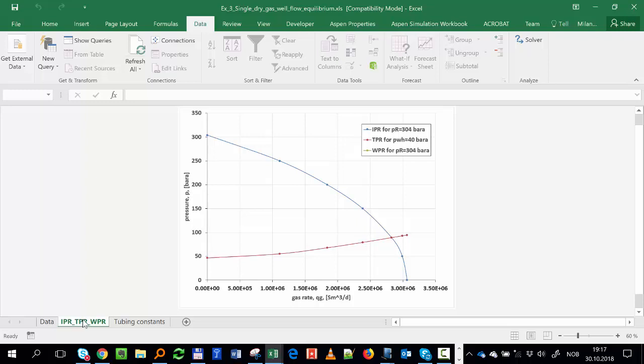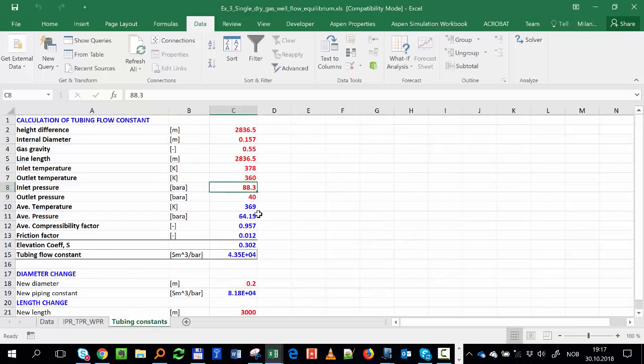So to fix that, what I have done is I came back to the tubing constant and changed it. Instead of using 304, which I had before, now I'm going to use 88.3, okay? And you see how it changed. The S changed and the CT changed.